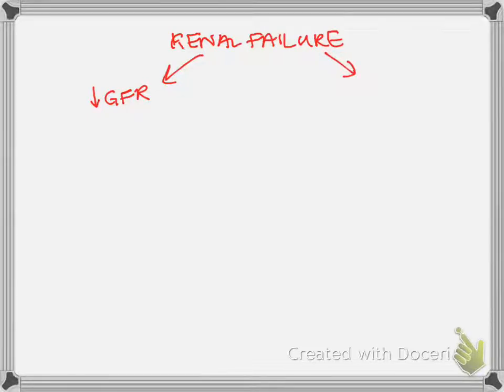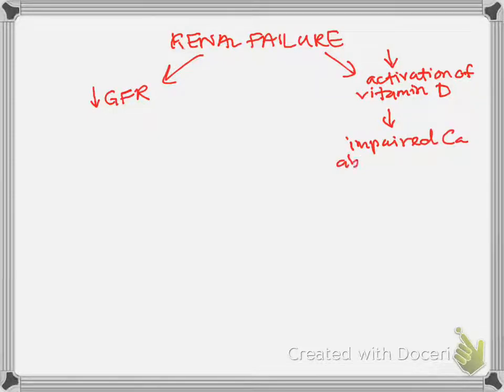Well, that also means that we have decreased activation of vitamin D, because regardless of how much calcium is in our blood or how much parathyroid hormone is secreted, all of which contribute to the activation of vitamin D in the kidneys, our kidneys aren't working. So that causes impaired calcium absorption from the gut, from the small intestines. That's going to cause a further decrease in serum calcium.